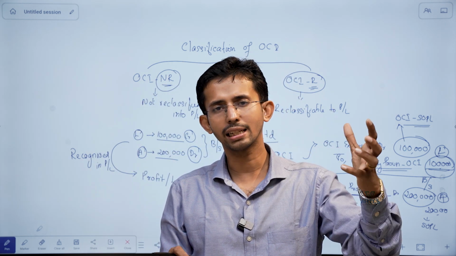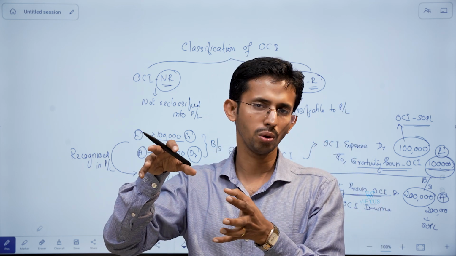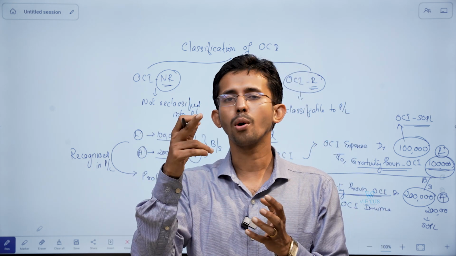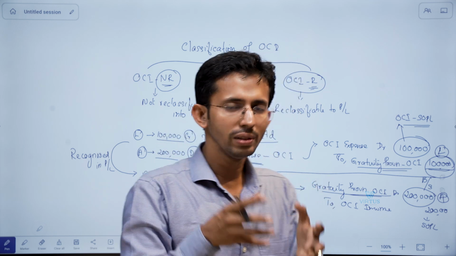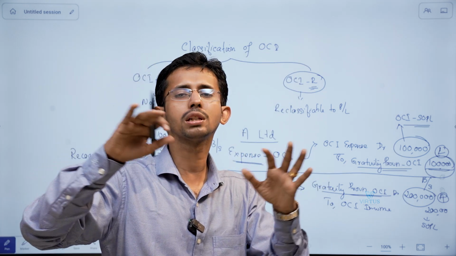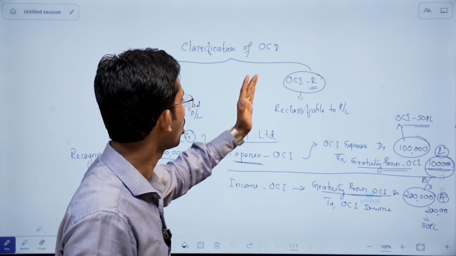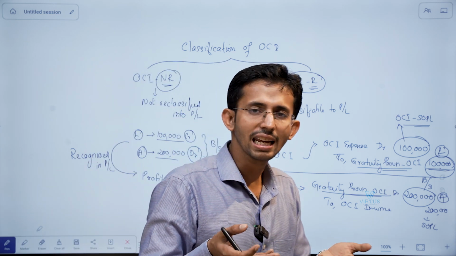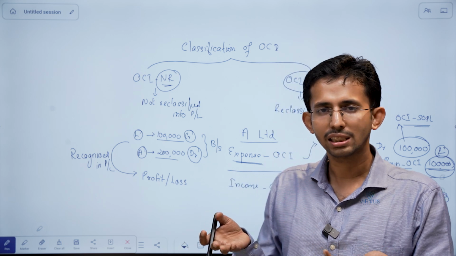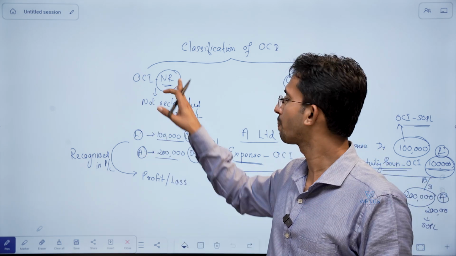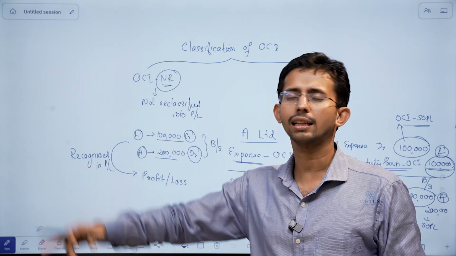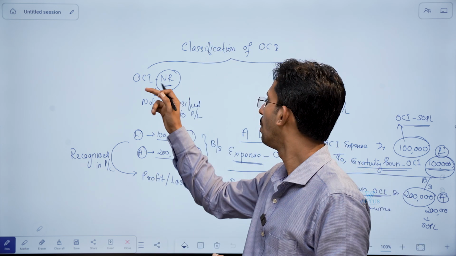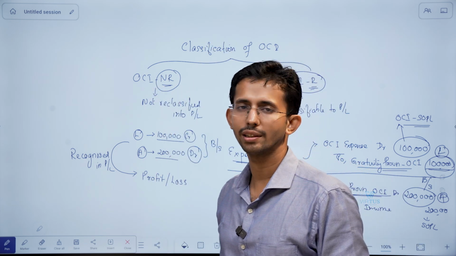When you created it, you did not route it through profit or loss, but when you de-recognize the item, you have to route it through profit or loss. Such items which need to be mandatorily routed through the profit or loss are known as OCI R. Whereas those items which shall not be routed through the profit or loss, rather you should directly take it to the reserves, adjust against the reserves, such items are known as OCI NR or non-reclassifiable.